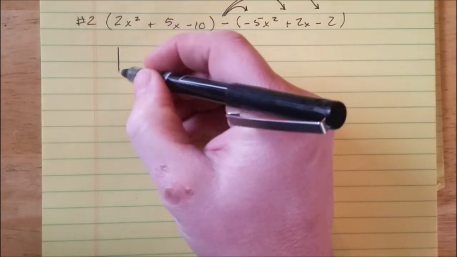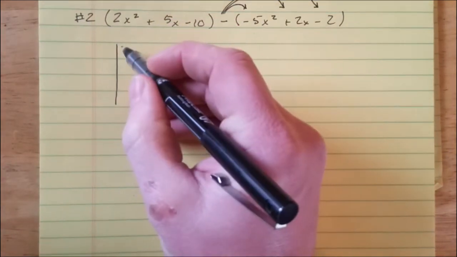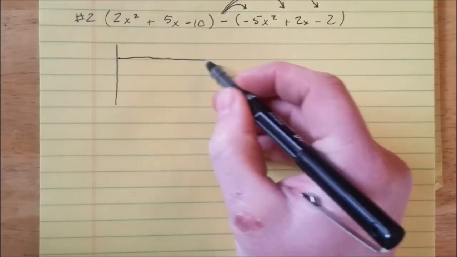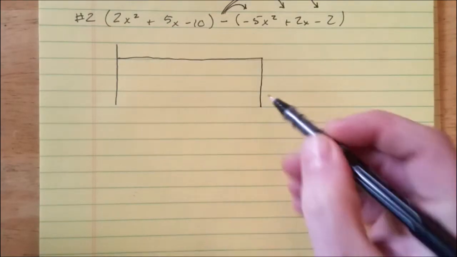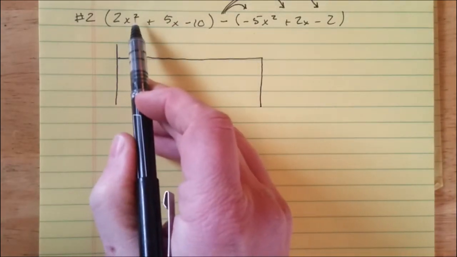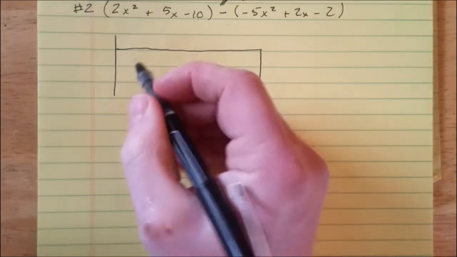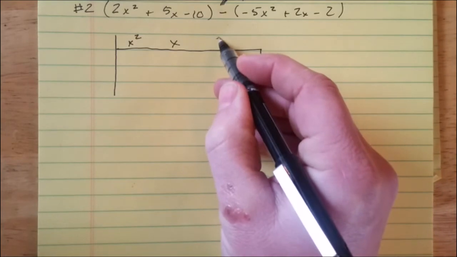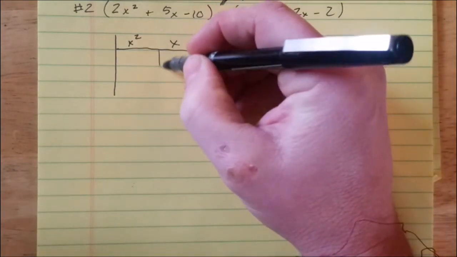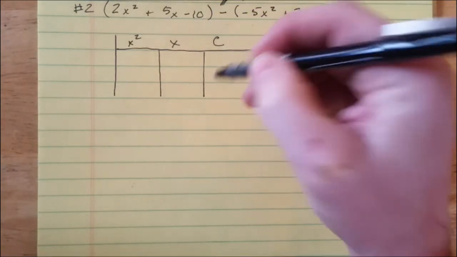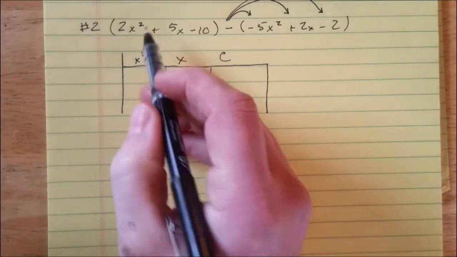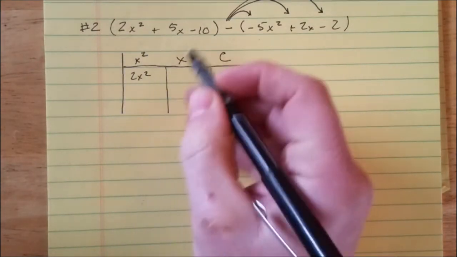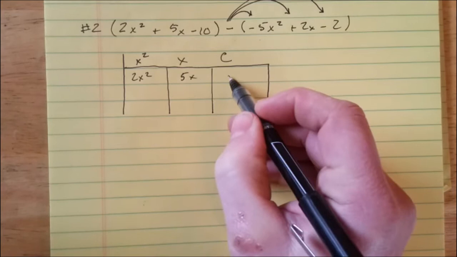Let's use that table again. And I see the highest power in any of these is x squared, x, and a constant. Okay, so 2x squared, 5x, and negative 10.